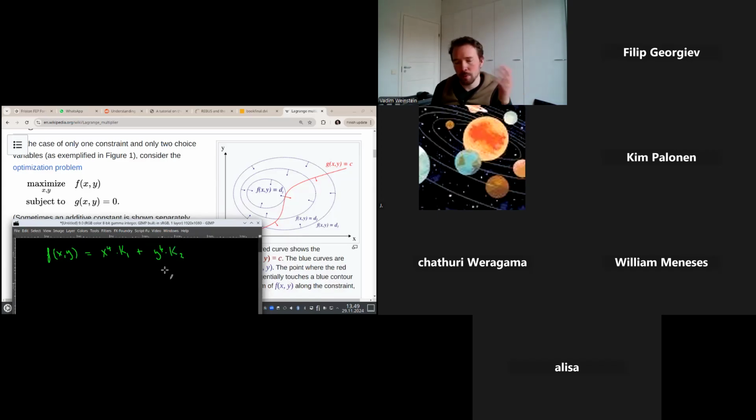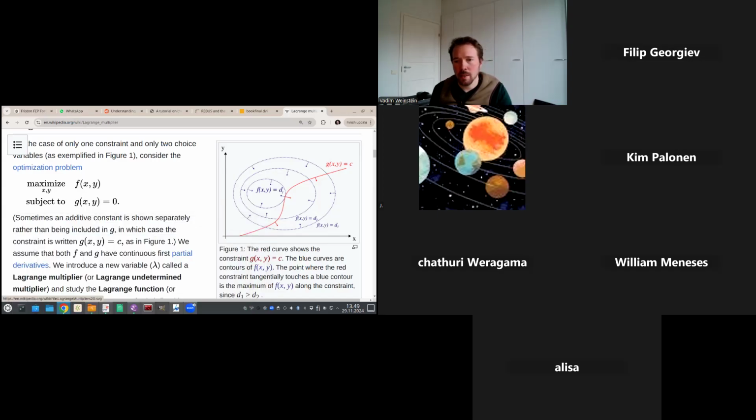So we had b11, b12, but we can denote them by x and y. And the g of x, y in our case was x squared plus y squared minus 1. So when this is 0, that's the constraint that we had. And so we want to maximize this f on this curve.